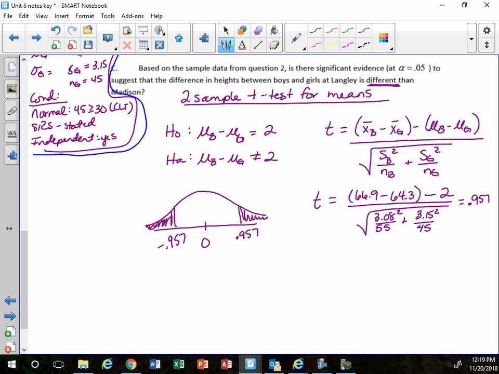How do you find the shaded area? I can't use norm CDF because I don't have sigma, so what do I use? TCDF, okay? And pick either tail, I don't care what you do. I'll go negative infinity to negative 0.957.